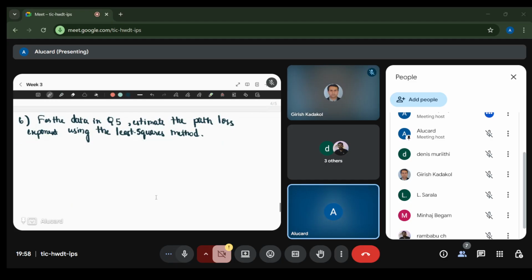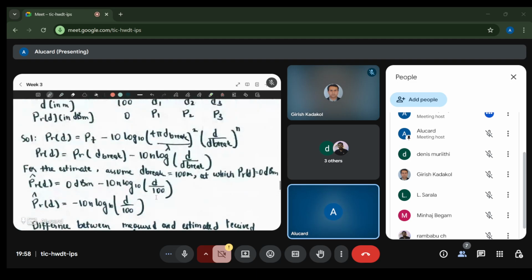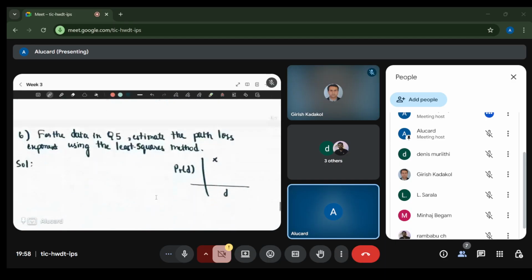So here our aim is to figure out the exponent. You have data points, your distance-power pairs, like this. Then you have to fit a curve such that this error is minimized. The square of that error is minimized.